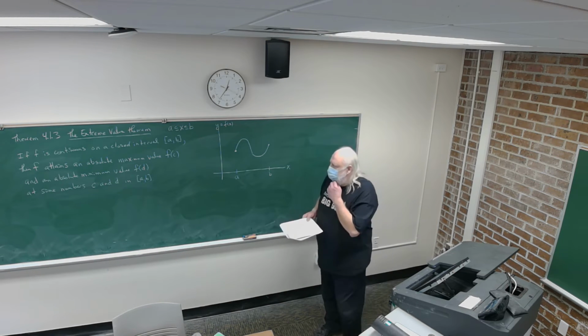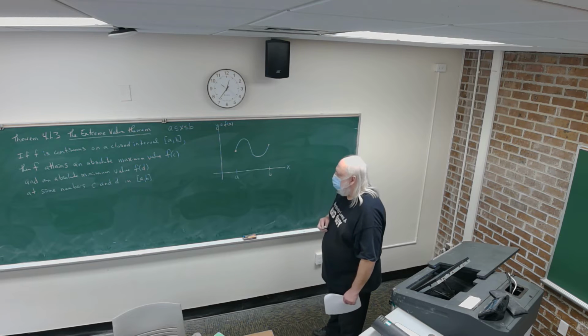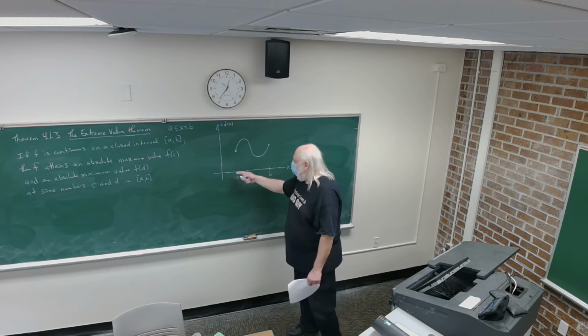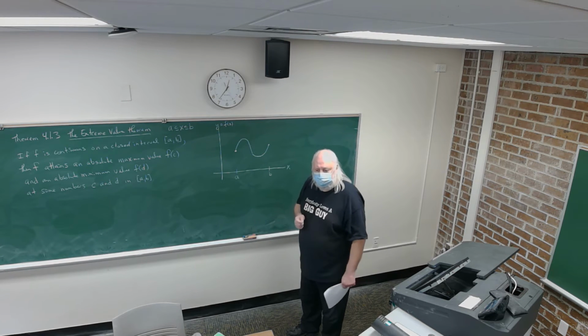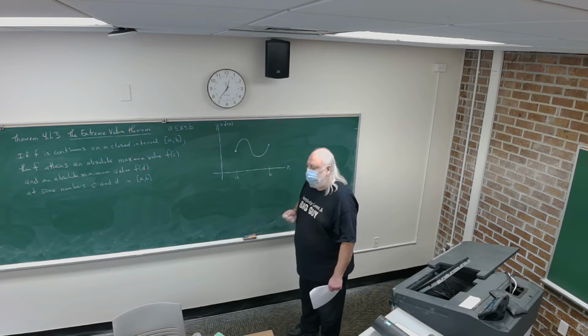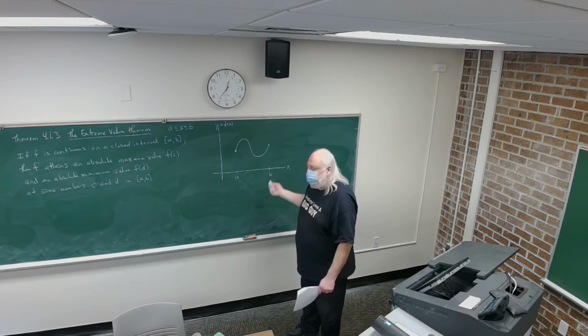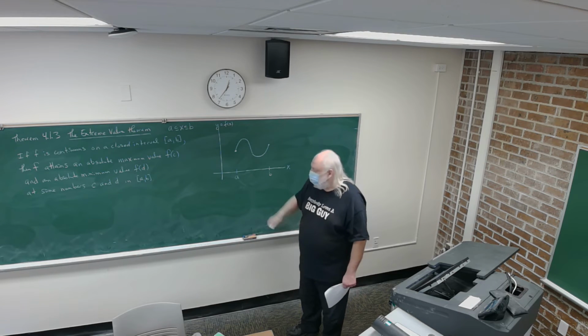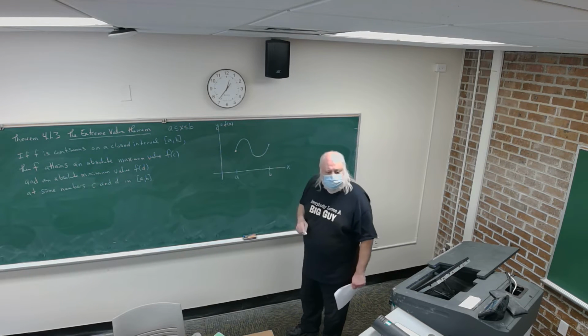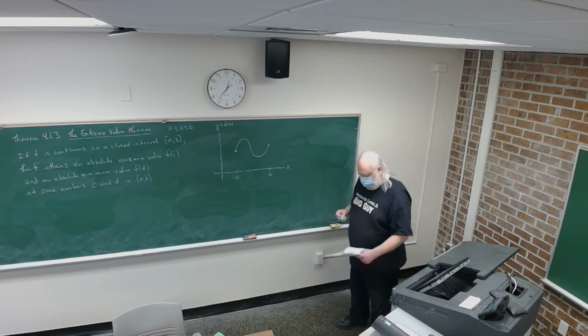And so if that condition is true, then somewhere between x equals a and x equals b, the function has to attain an absolute maximum, and somewhere it has to attain an absolute minimum, just by virtue of it being continuous from x equals a to x equals b.